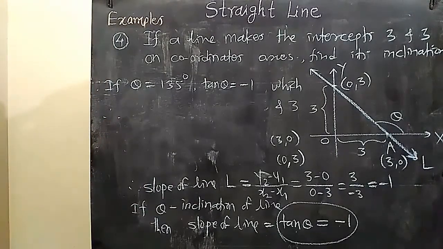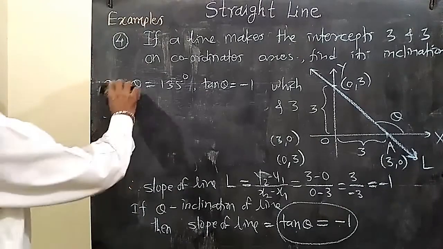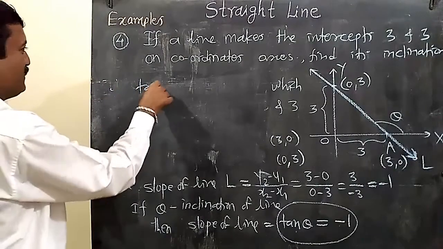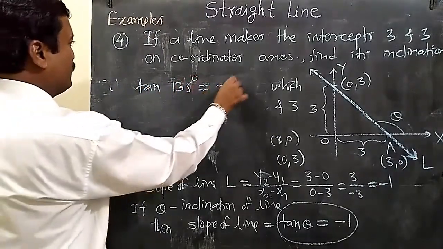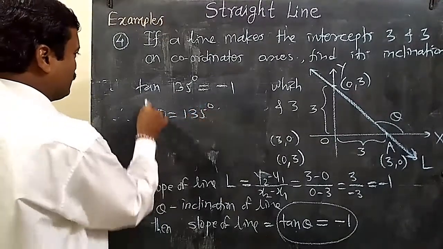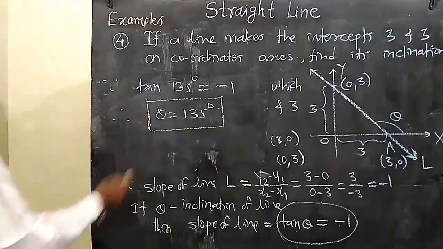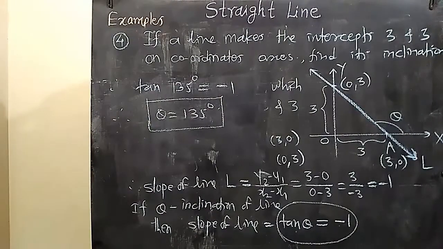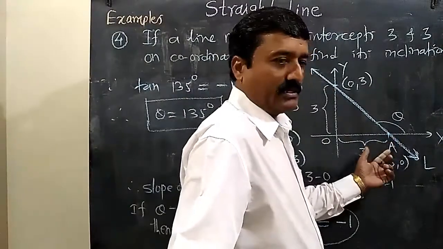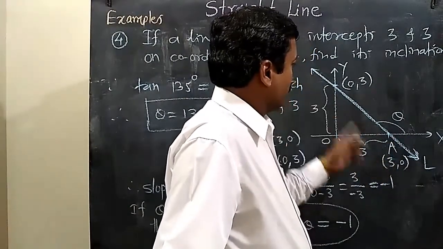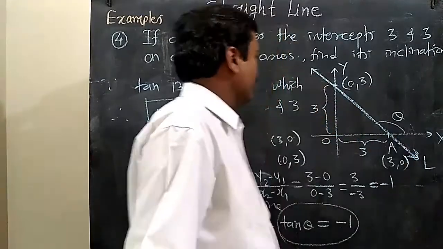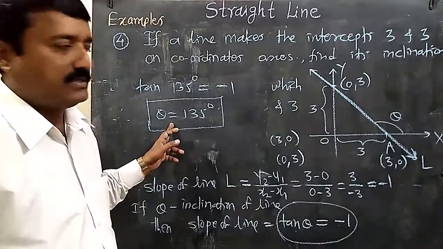Or in other way we can write, since tan of 135 is equal to minus 1, therefore theta is equal to 135 degrees, and that is nothing but the inclination of the line. So whenever a line makes two intercepts on x and y axis which are equal, then the inclination of line will be 135 degree.